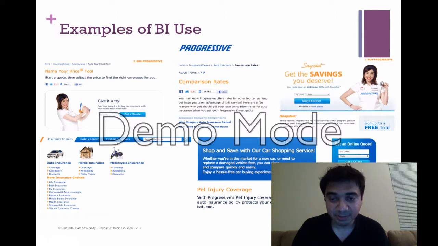They become an extended part of the family, and this is where Progressive is also able to provide pet injury coverage in an auto insurance policy to protect dogs and cats, which are pets. And this requires extremely good data capture, capturing parameters with respect to the pets, and coming up with pricing models that, traditionally in the insurance industry, have been for human beings, but now also additional pricing models and schemes for pets.